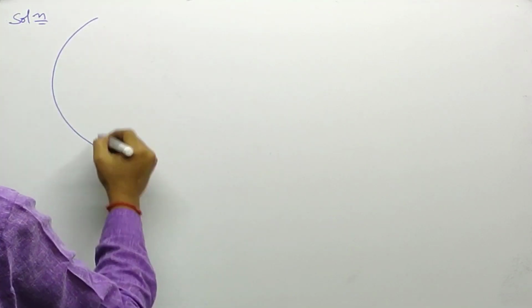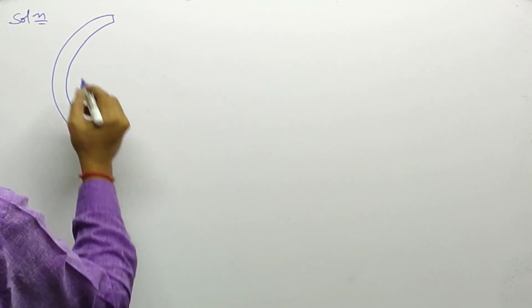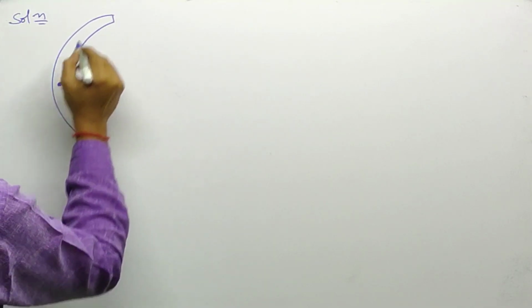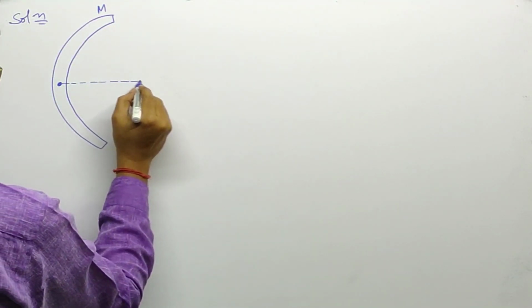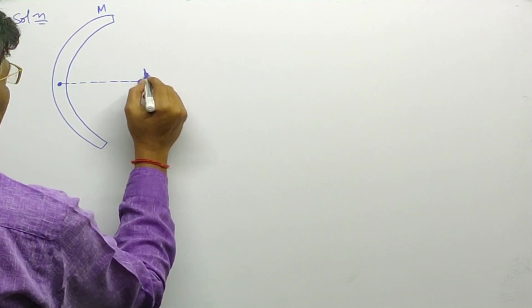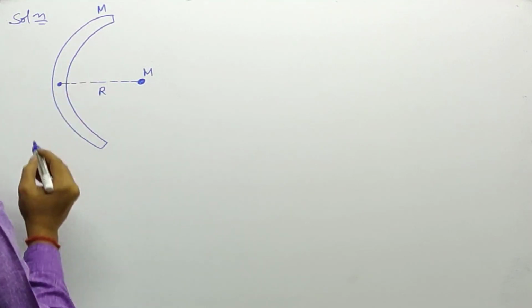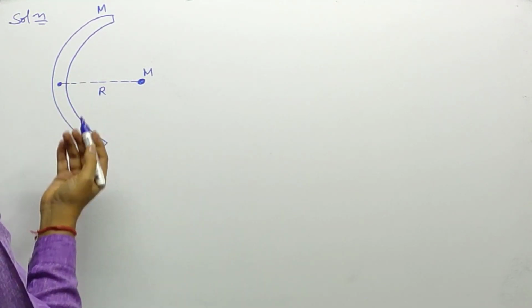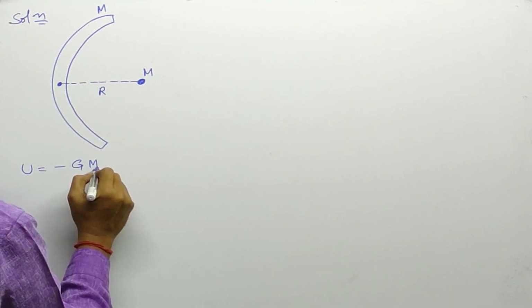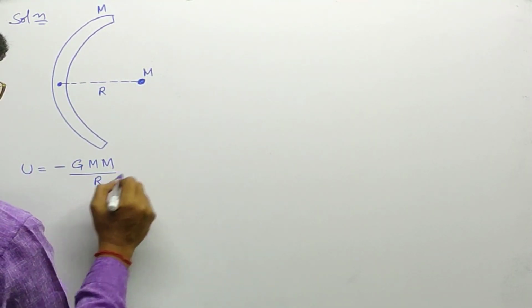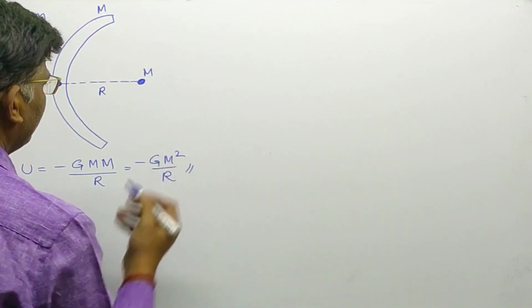In the question, a semicircular arc of mass M is given, and another mass is placed at the center of curvature of the semicircular arc. So what is the potential energy? Gravitational potential energy is equal to minus Gm divided by R, that is equal to minus GM square by R.